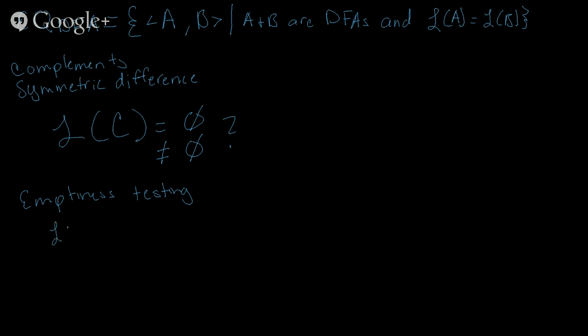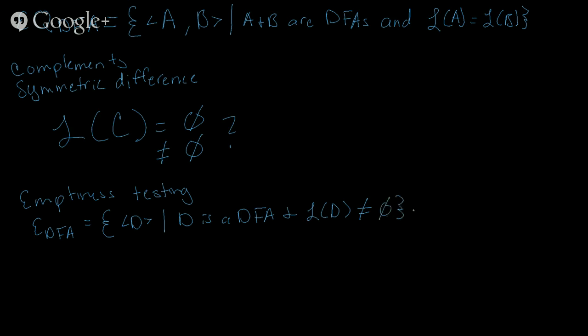Dr. Sullivan's version says E DFA equals, so you have this machine D such that D is a DFA and the language represented by D. Dr. Sullivan's version has it as not equal to the empty set. And that's really important.